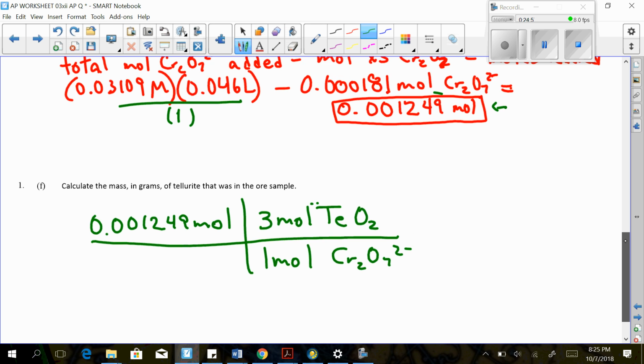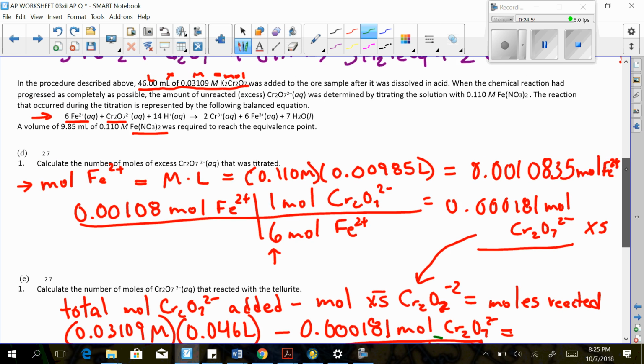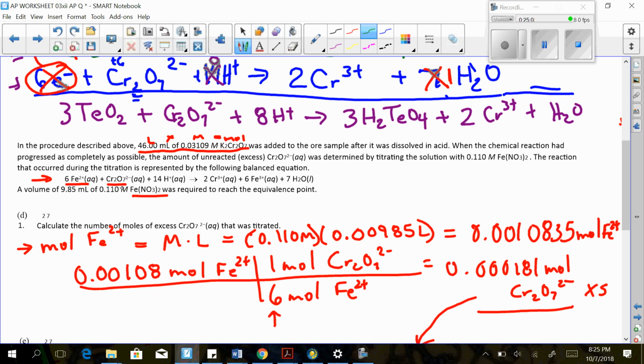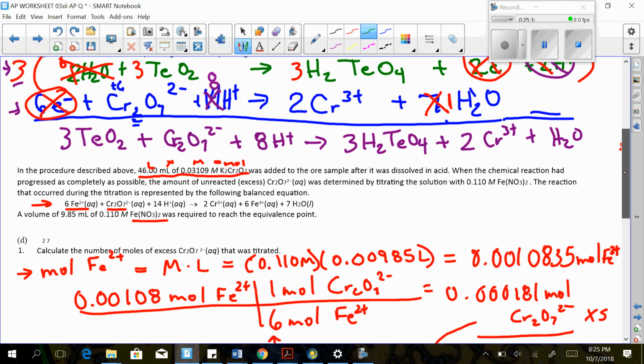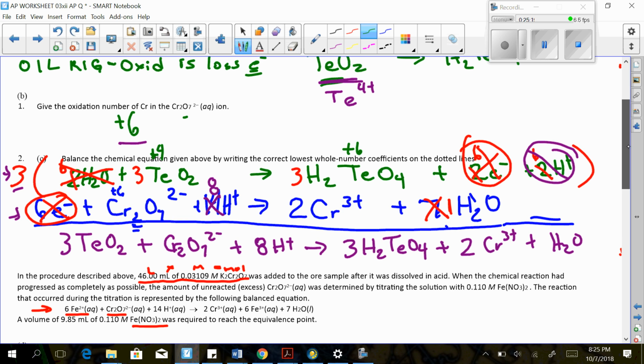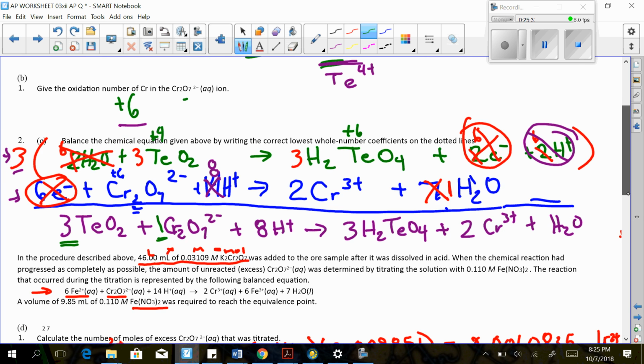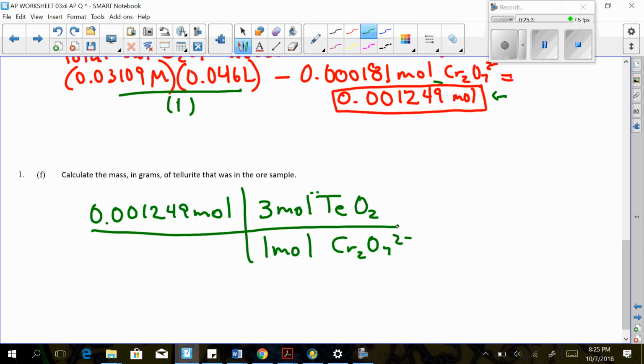And let's just go back up and look at that reaction one more time. So if we come back to this reaction, we found out how much of this reacted. We said that for every one, we have an understood one here, of these, 3 tellurites react. And so let's go back down, very bottom, and keep going.